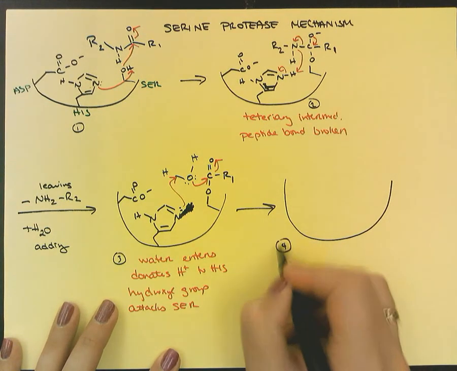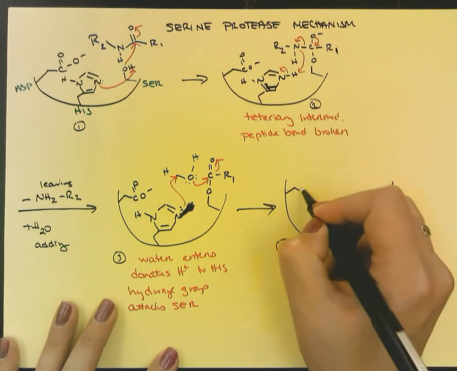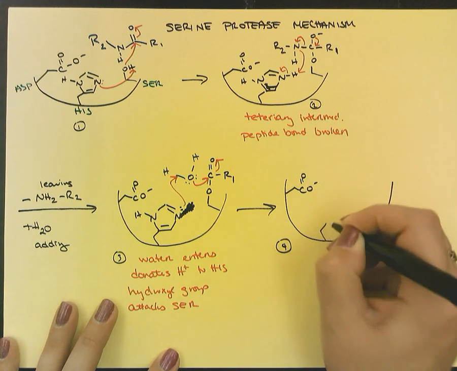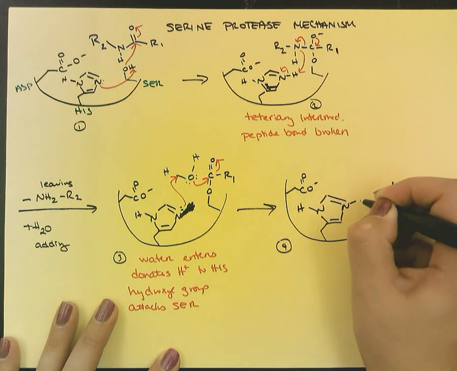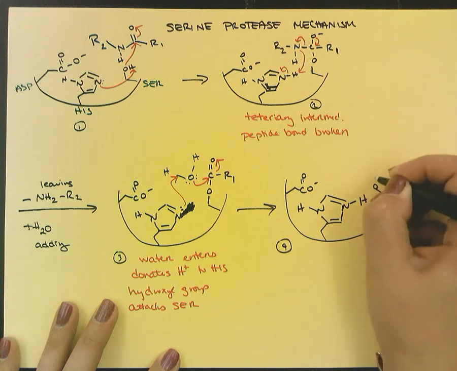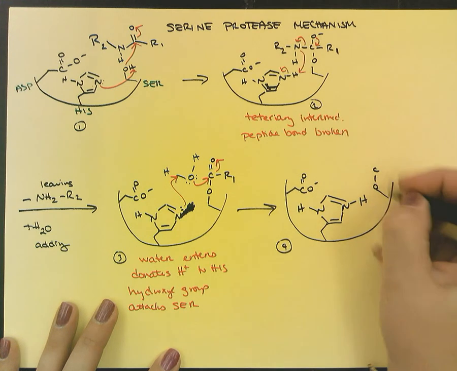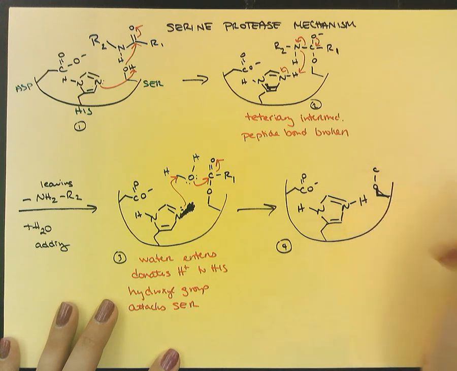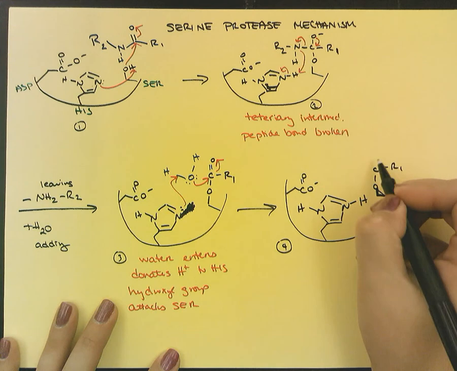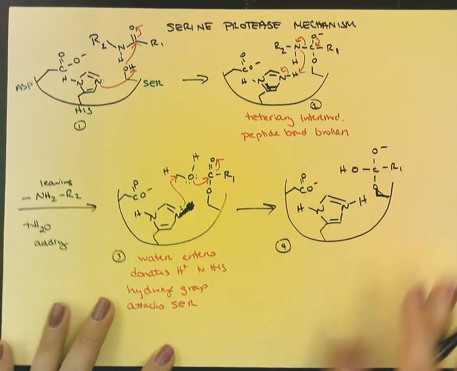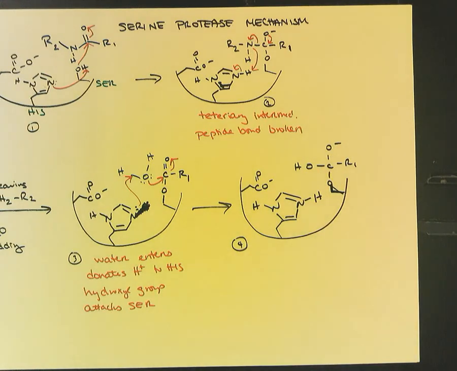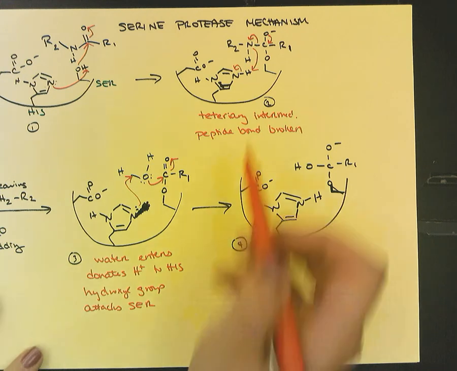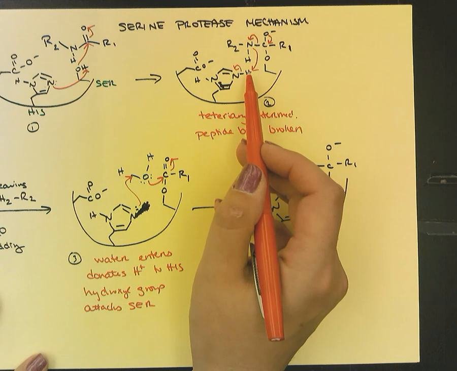So step 4, we'll look at the rest of the chemistry that's going to go on. The hydroxyl group has now attached to the carbon. We have a full-on negative charge on that oxygen. We're going to go through another tertiary intermediate. It looks pretty much just like this one that's directly above it.